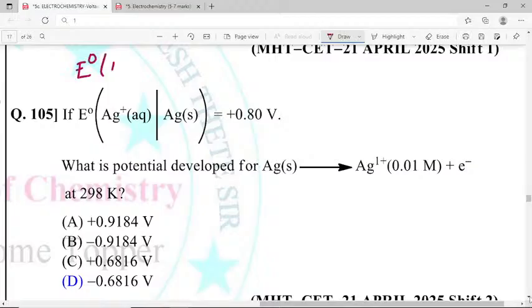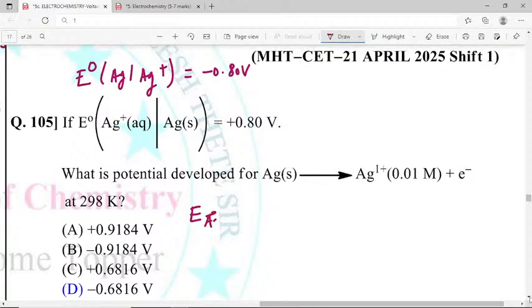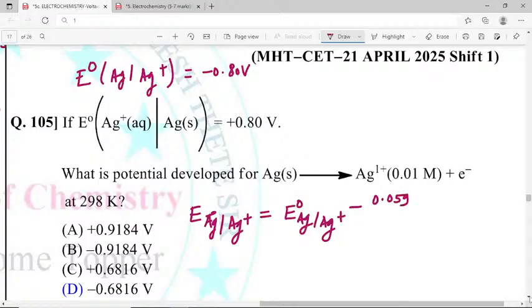So E naught of Ag plus, minus 0.80 volt, because the reaction is reversed, see, we have to calculate according to the reaction. So E of the Ag plus is equal to E naught of Ag plus minus 0.0592 divided by 1 into log to the base 10 of the concentration, 10 to power minus 2. So 10 to power minus 2 divided by 1.